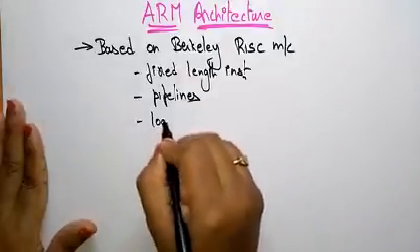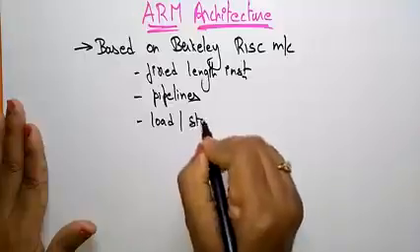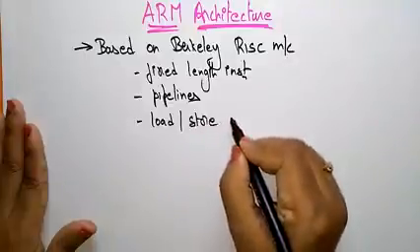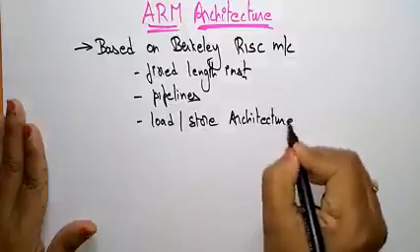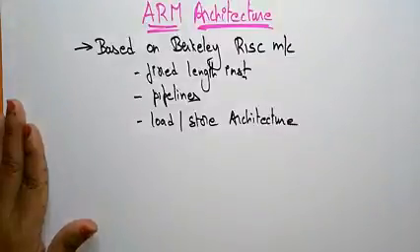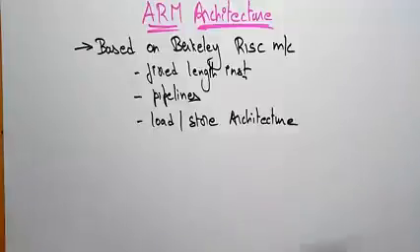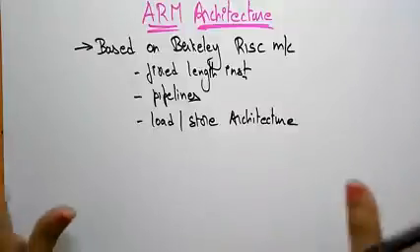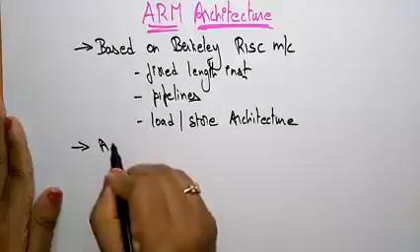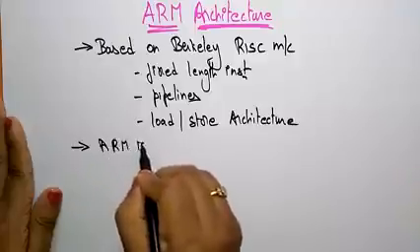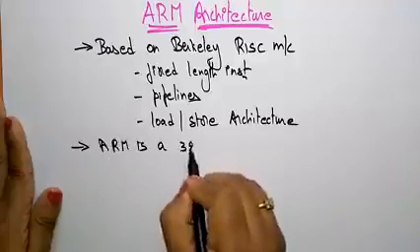And it is a load and store architecture. ARM architecture is a load and store architecture, so it loads and stores data, everything, by using the registers. ARM, Advanced RISC Machine, is a 32-bit architecture.